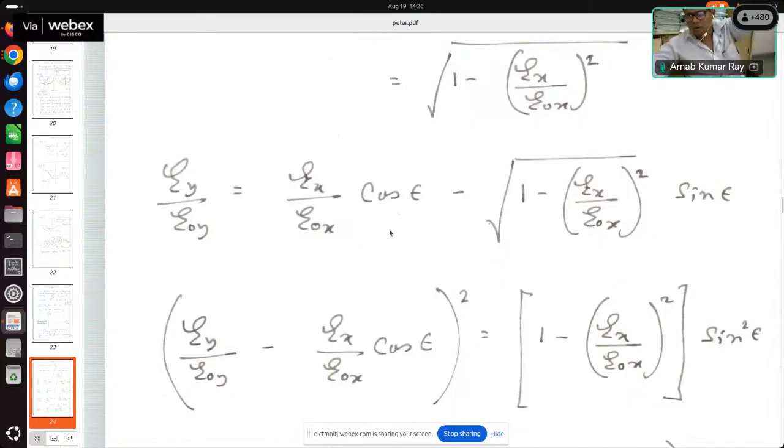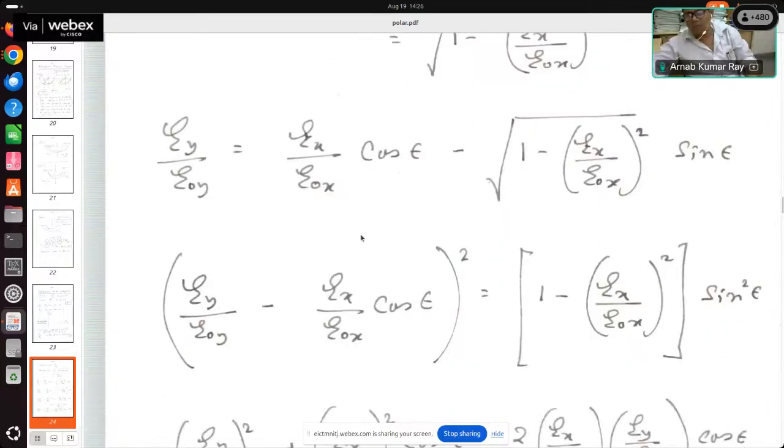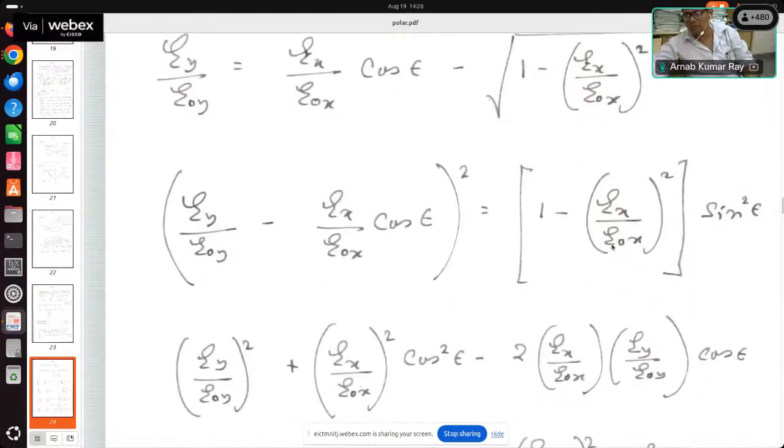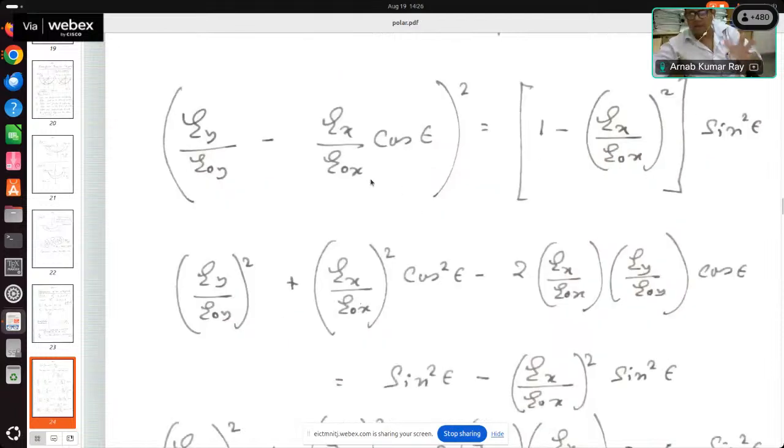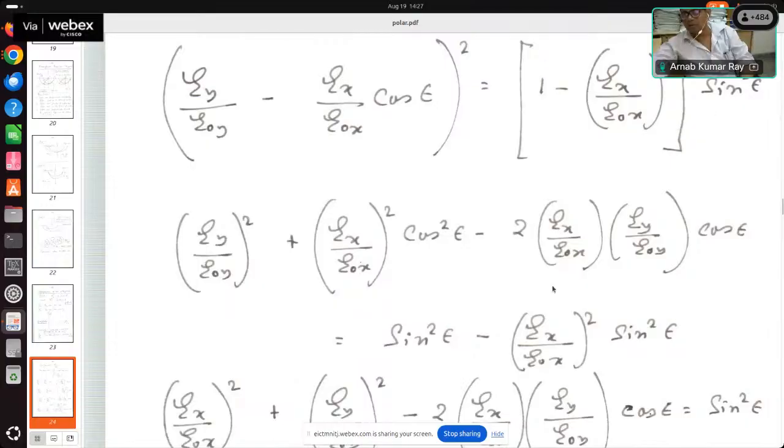The next task is to take this part to the left hand side and square the whole equation, and this is the full squared equation that we get. After that, we expand the equation, like a minus b whole squared, a squared plus b squared minus 2ab. On the right hand side, you have sine squared epsilon minus sine squared epsilon times this.